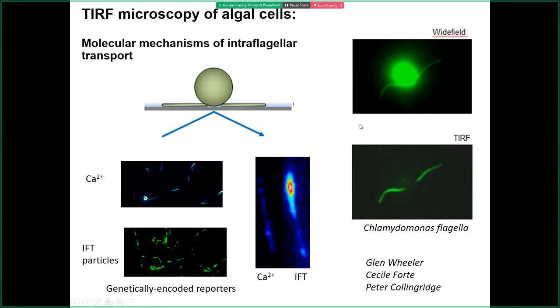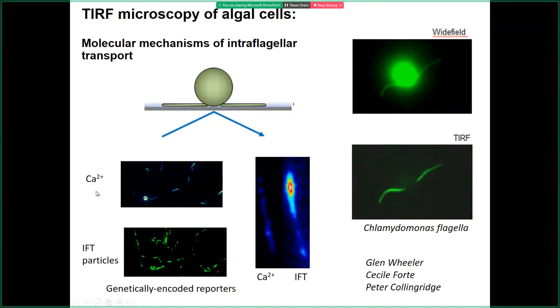On the right here is just an example of how TIRF can be used in this specimen to specifically image the flagella. So at the top we have a wide field image showing the very bright fluorescence from the cell body. You can just about see the flagella sticking out. But if we turn the microscope to TIRF mode, we can image just the flagella and get rid of all that fluorescence from the cell body.